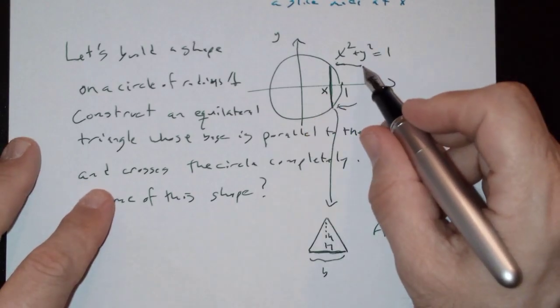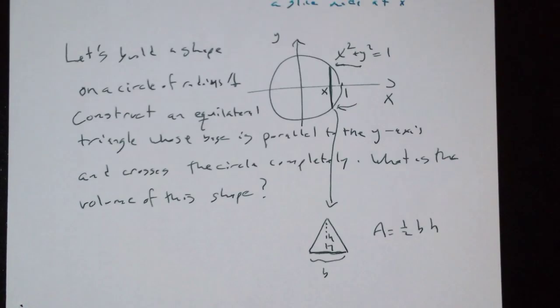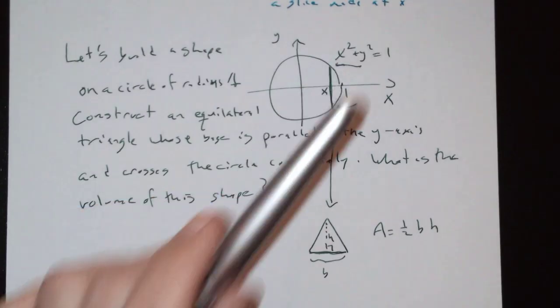What is the equation of the top of this circle? If I asked you to graph that on your calculator, you'd have to write it y equals, wouldn't you? So what's y equals for that point right there?